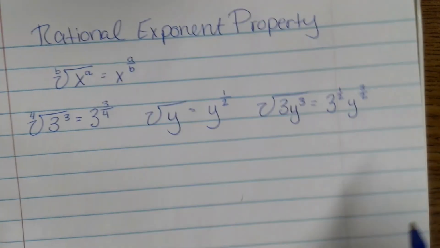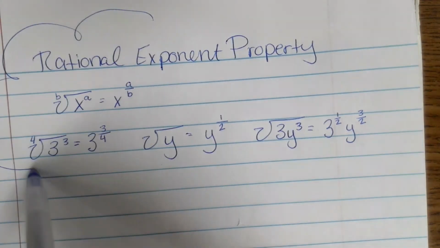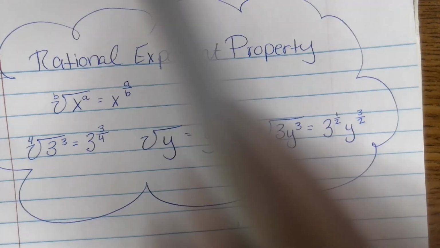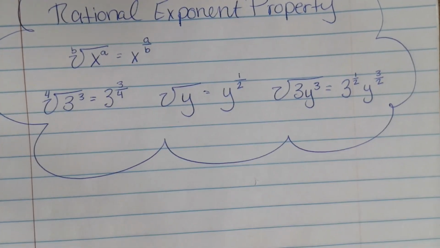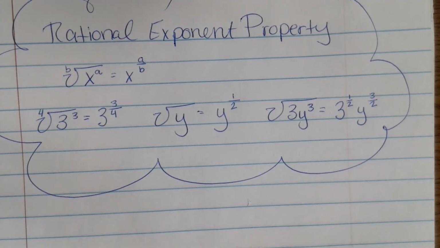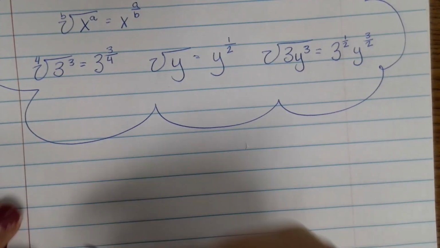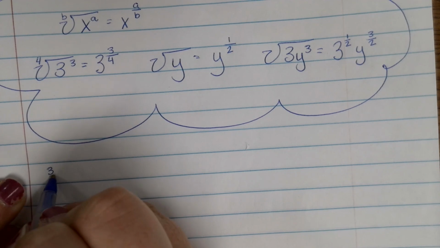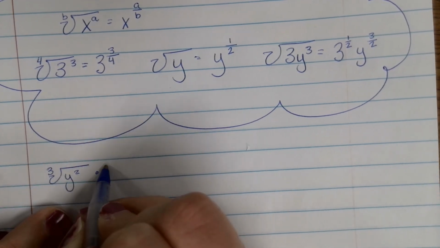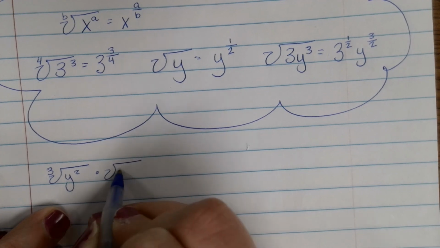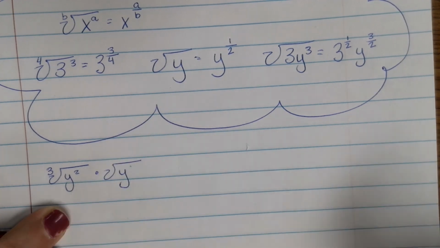Now, why are we learning this rational exponent property? Because we have tried some problems in the past, and we have been told we could not do them. An example, you have been given the third root of y squared times the square root of y.